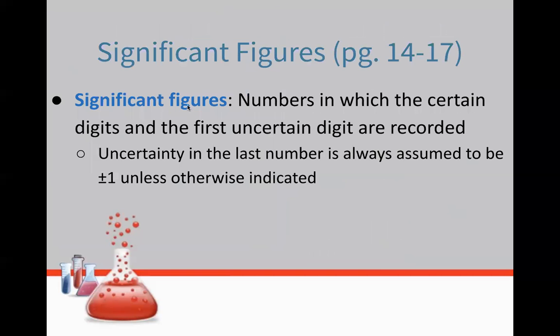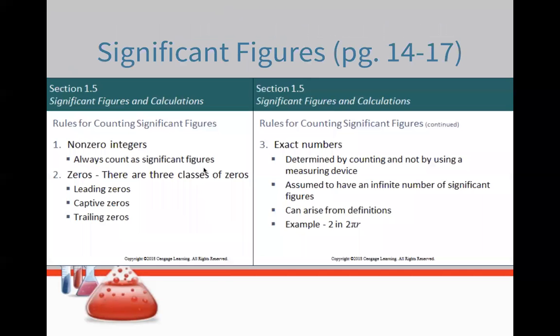Okay, so significant figures include all those certain digits as well as one uncertain digit. We assume that the uncertain digit is within plus or minus 1. Looking at significant figures, all non-zero integers are significant. So 1, 2, 3, 4, 5, 6, 7, 8, 9, anytime you see them, they're always significant.